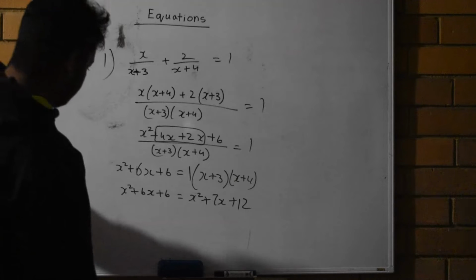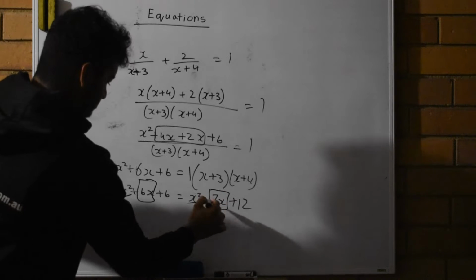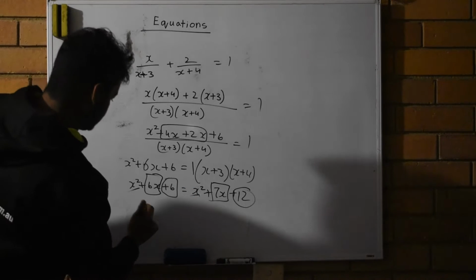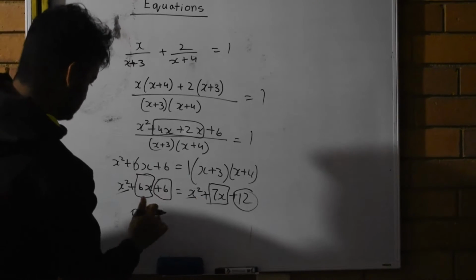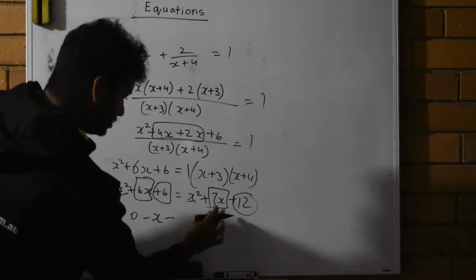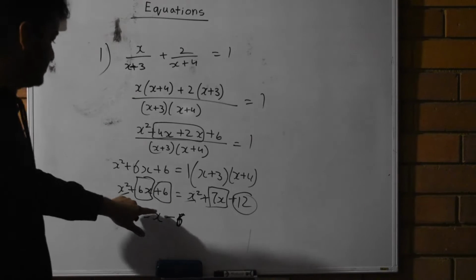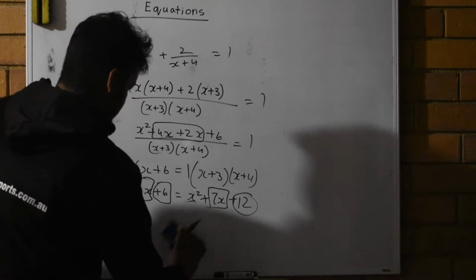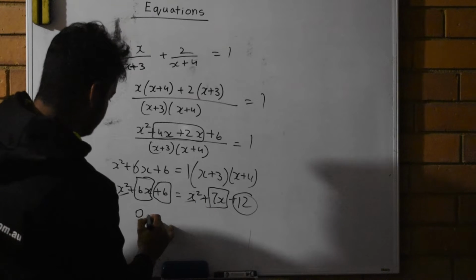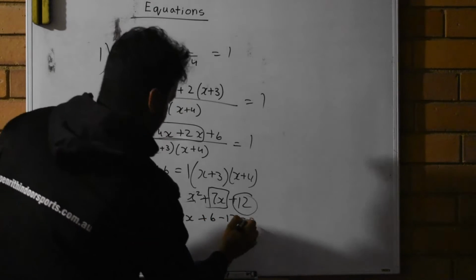Cool. So now, like terms. x squared and x squared give 0, plus 6x minus 7x, plus 6 minus 12 gives me 0.